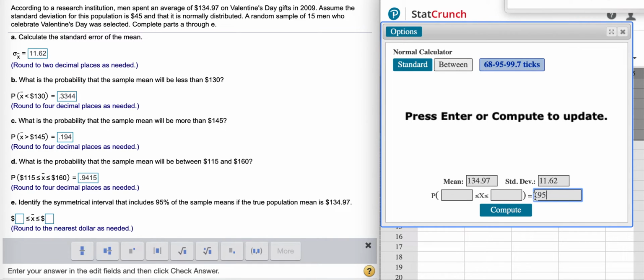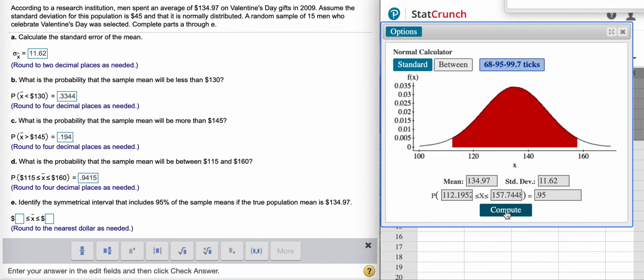When I type in 0.95 on the right-hand side of the equation, these two values are left blank. It will calculate those two values and center that probability about the mean 134.97. It says round to the nearest dollar as needed. So rounding this to the nearest dollar is 112, and over here, rounding to the nearest dollar is 158.